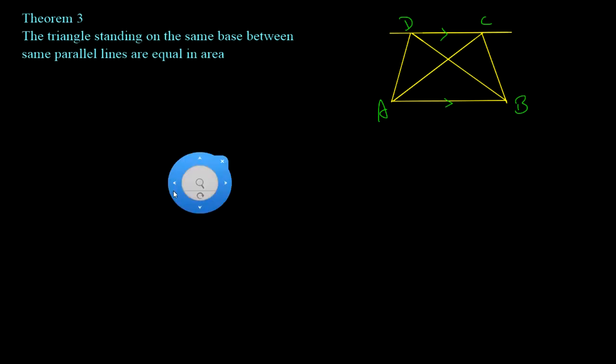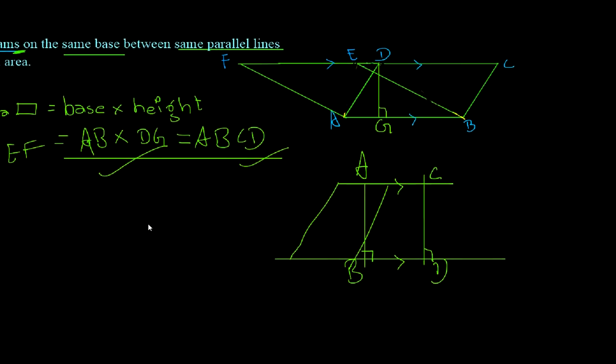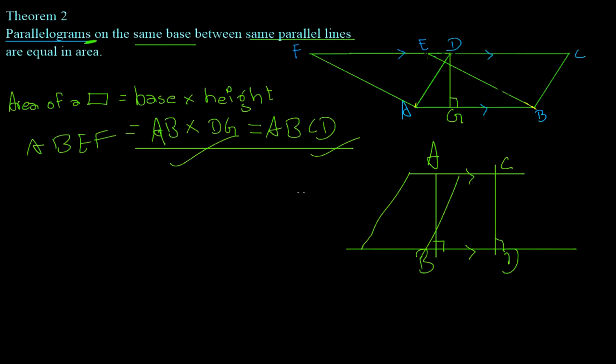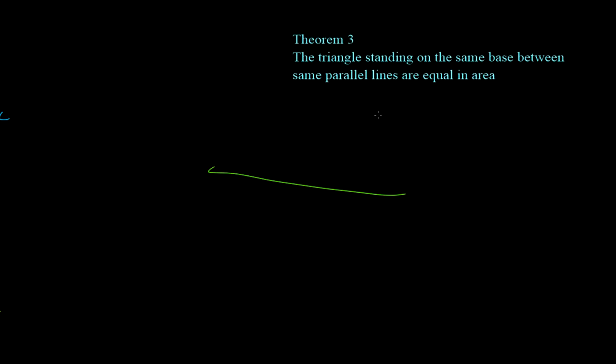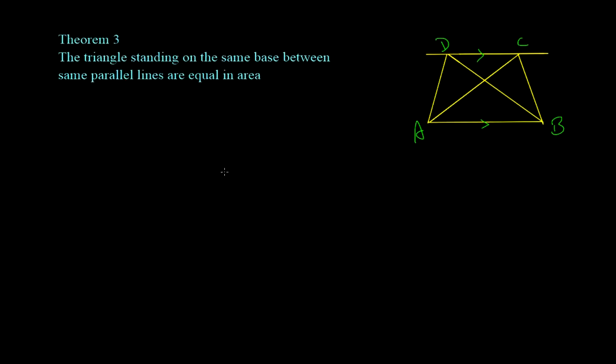You can use the idea that we used to prove theorem 2, that is, by using base into height, and we proved that the area of parallelogram ABCD and area of parallelogram ABEF are equal. You can also use that we know that the area of a triangle is half into base into height. You can also use this concept to show that the bases are same, and if the heights are same, then the area of triangles are equal.